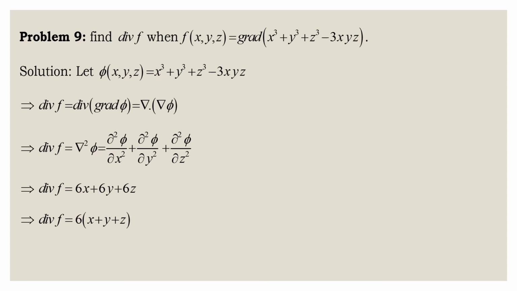Similarly, dou square phi by dou z square becomes 6z. Now, our divergence of grad phi, which is del square phi, equals dou square phi by dou x square plus dou square phi by dou y square plus dou square phi by dou z square, which equals 6x plus 6y plus 6z. This is nothing but 6 times (x plus y plus z). This completes the problem.